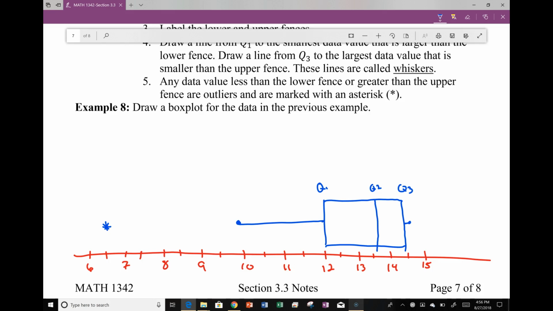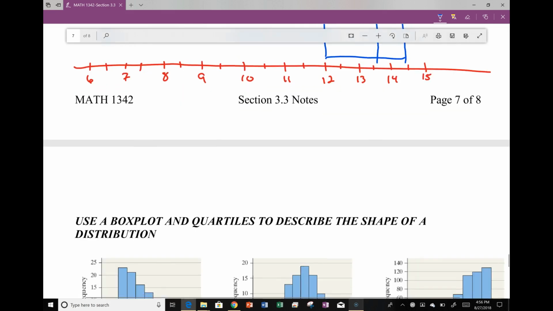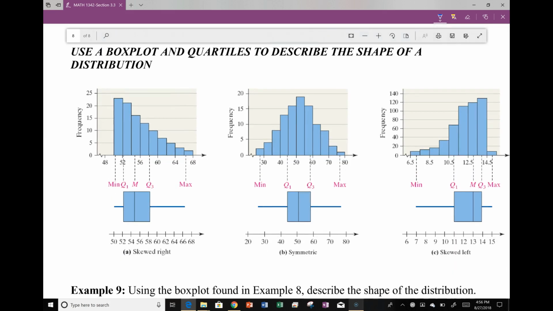Now we can look at the shapes of the box plots the same way that we look at the shapes of histograms. So if you look at this, here is a box plot where the left whisker is much smaller than the right whisker. And you'll notice that the Q2 is slightly closer to Q1. This is considered skewed right. The longer whisker is on the right side.